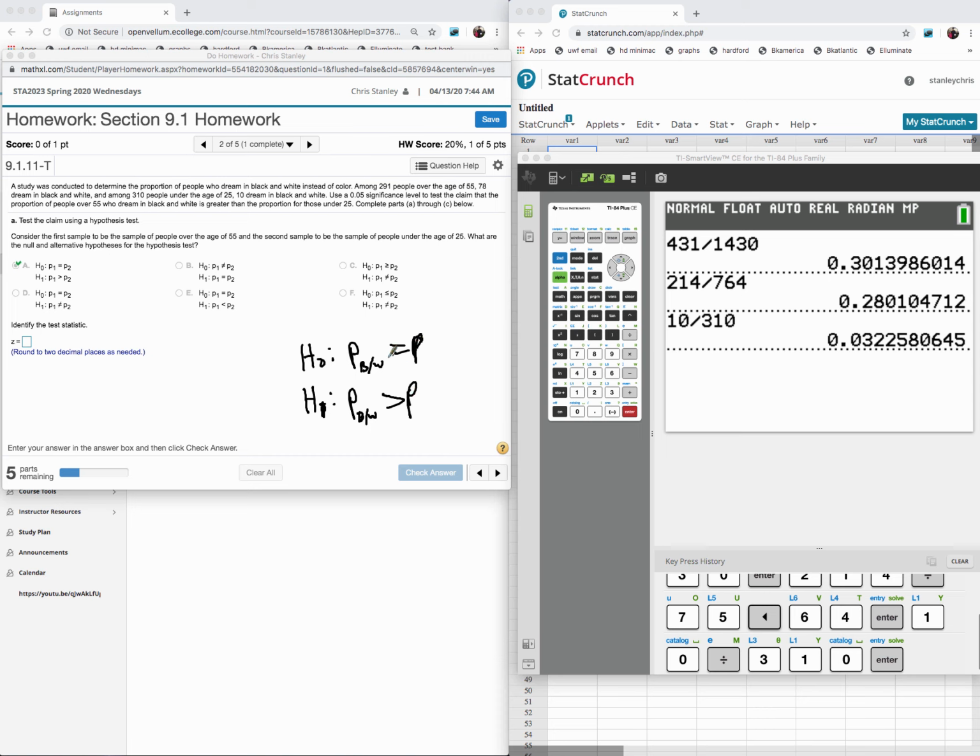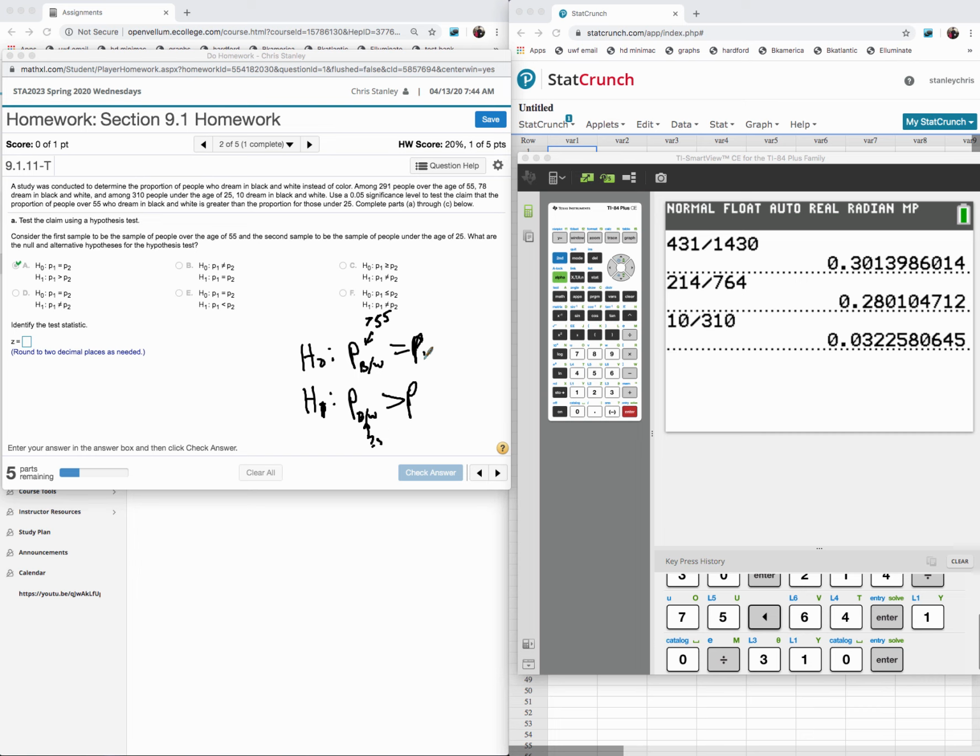So I'm going to talk about what separates these people just so we're clear on what the problem's saying. Okay, so this says 1055. These people are over 55, and these people are over 55.